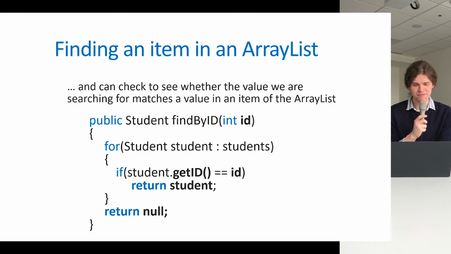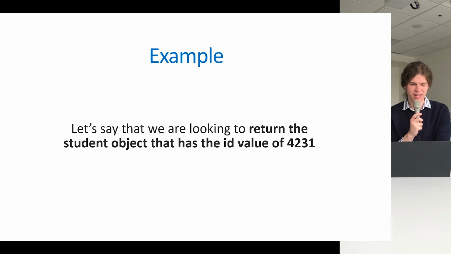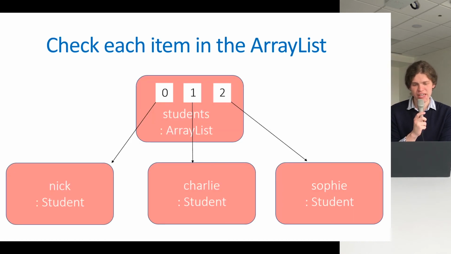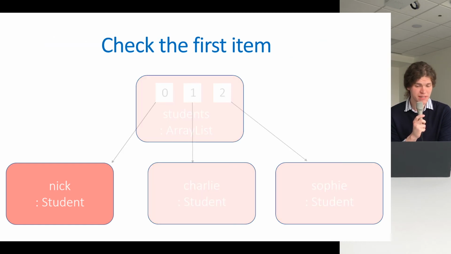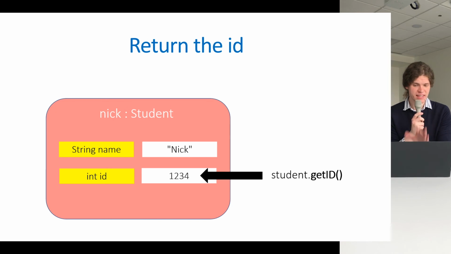Let's give you a visual example of this that might make it a little bit easier to follow. So let's say I wanted to find a student object with the ID of 4231. Let's look at the very first student object in my list, which is Nick. Okay, let's look at the ID for that, which is 1234.